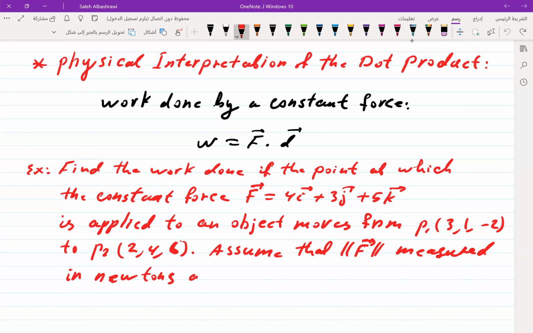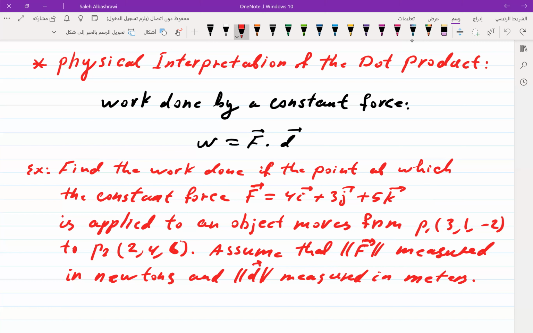And the magnitude of D is measured in meters. Okay. We're going to find the work done by the constant force.